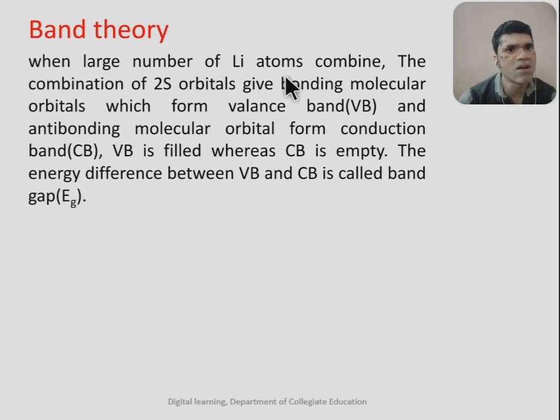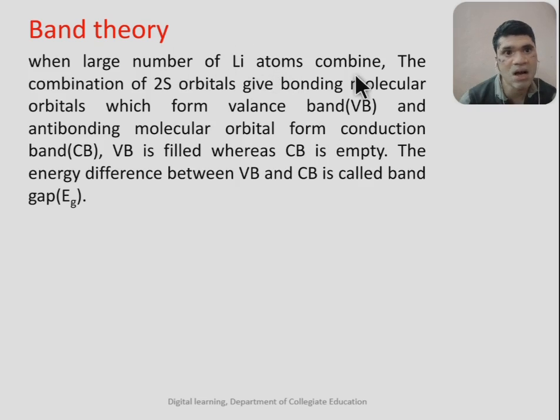When a large number of lithium atoms combine, what happens? The combination of 2s orbitals gives bonding molecular orbitals which form the valence band, and antibonding molecular orbitals form the conduction band.